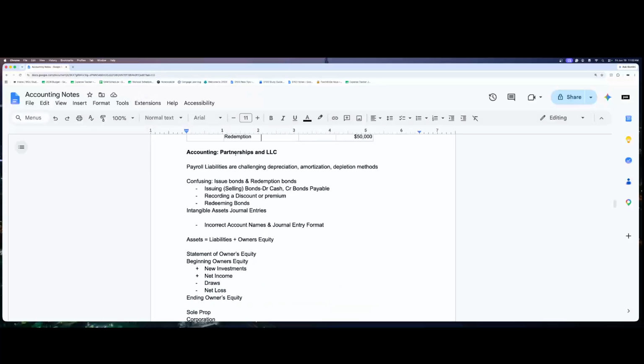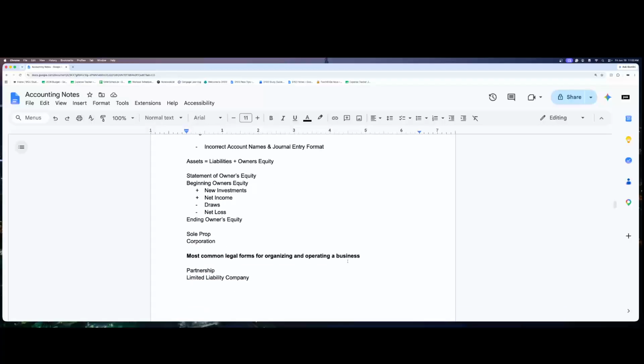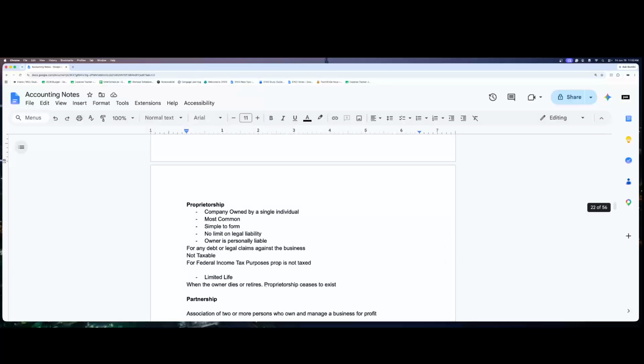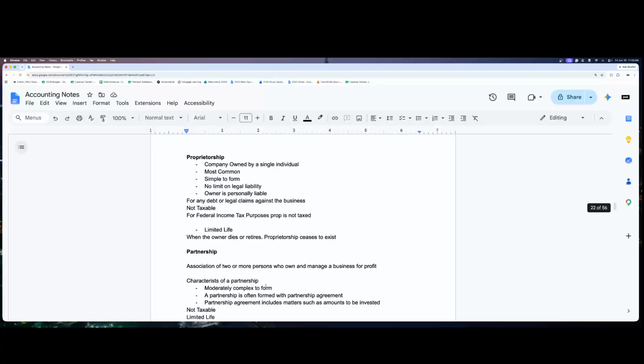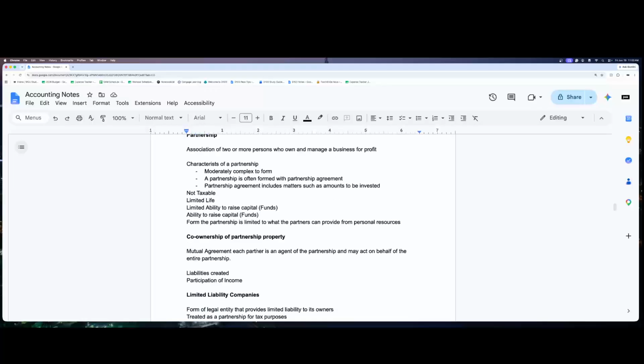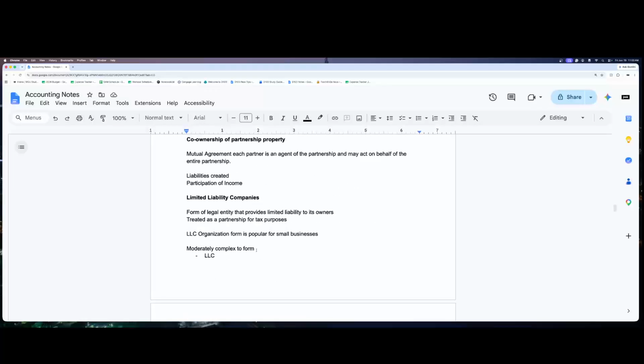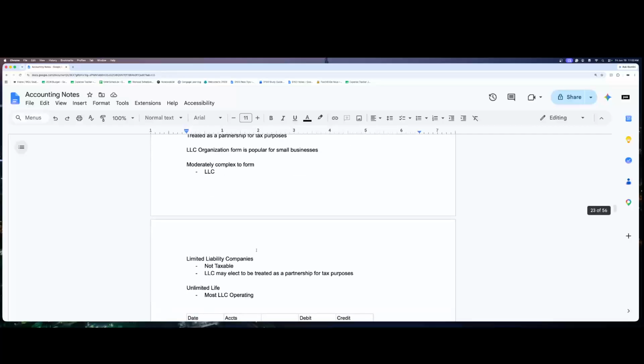Let's see, partnerships and LLCs: what partnerships are, the different types of organization, corporations and limited liability companies, proprietorships, partnerships, co-ownership of partner property, limited liability companies.